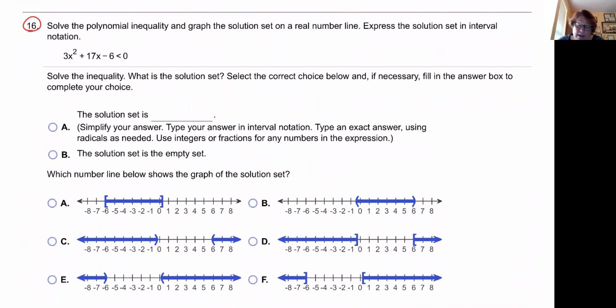Express the solution set in interval notation. All right, this is a polynomial inequality, and to solve it, we need to find these things we call boundary points. So what we need to do is solve the equation 3x squared plus 17x minus 6 equals 0. And that'll give us the 2 numbers that separate my number line into intervals.